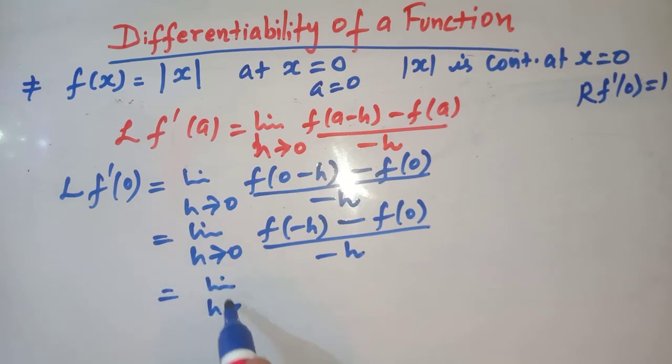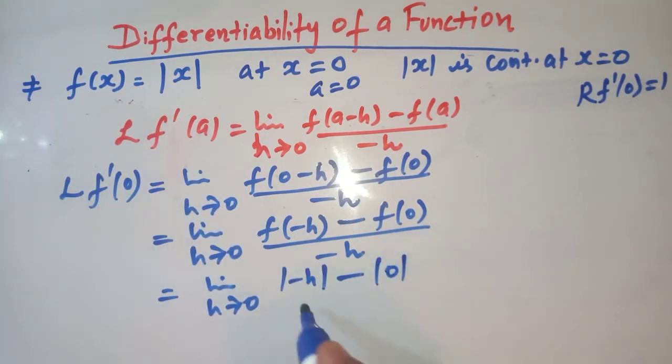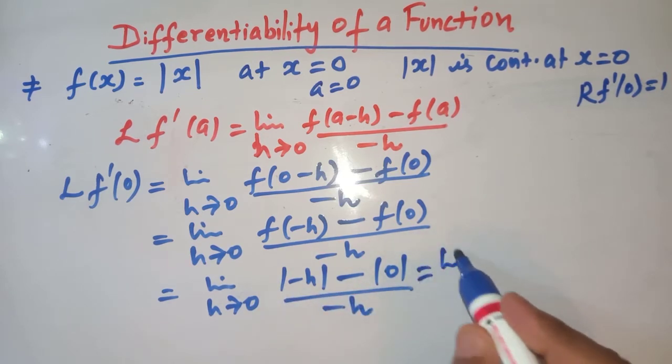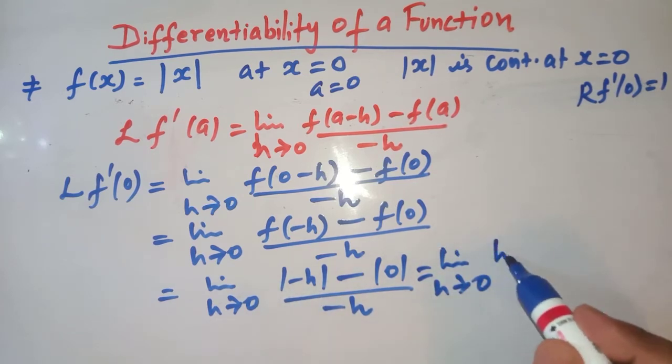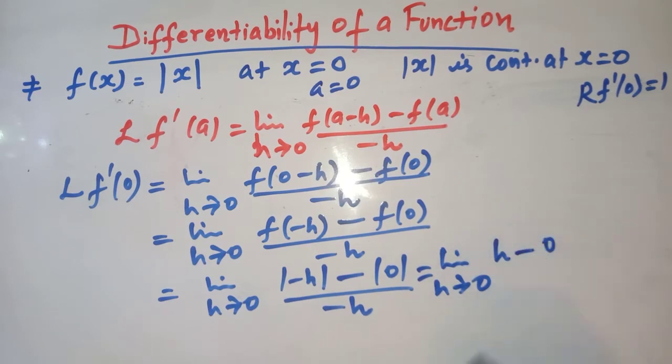Now we write limit h tends to 0, f of minus h is mod of minus h minus mod of 0 over minus h. Here mod of minus h is simply h, and this is 0 over minus h.